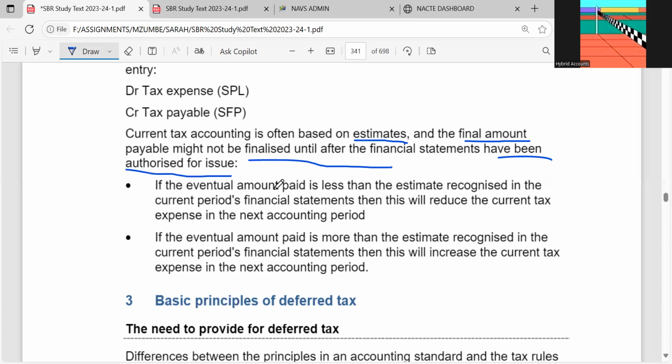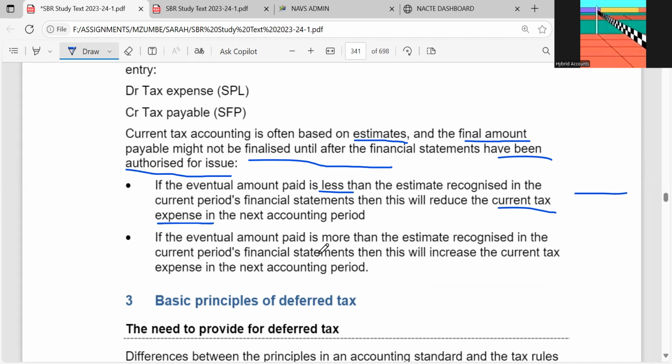And now, if the eventual amount paid is less than the estimate, it means that I overestimated, I would have overprovided. In the current period financial statements, this will reduce the current tax expense. That's why I told you an over provision will have to reduce, right?